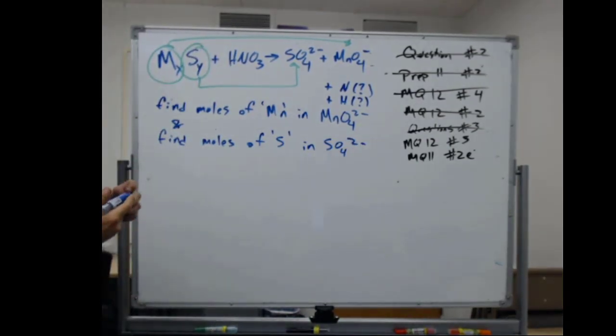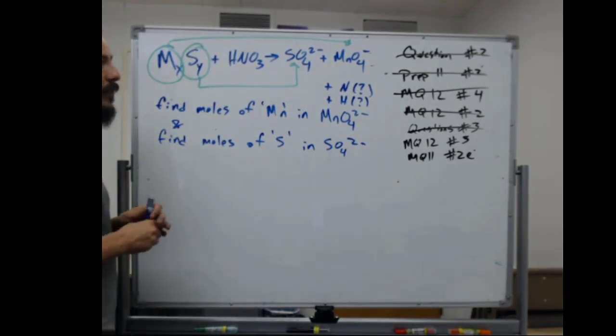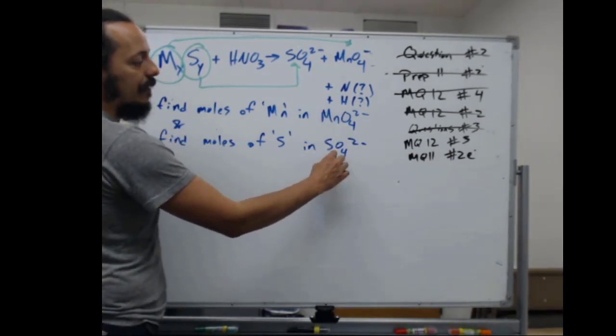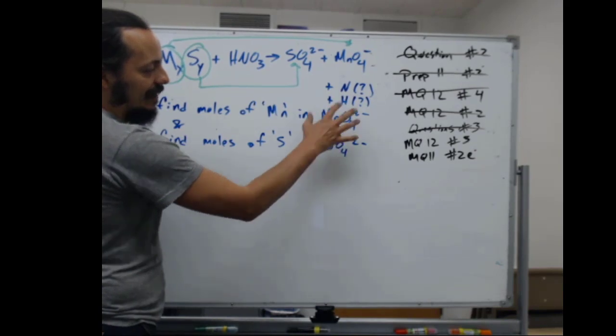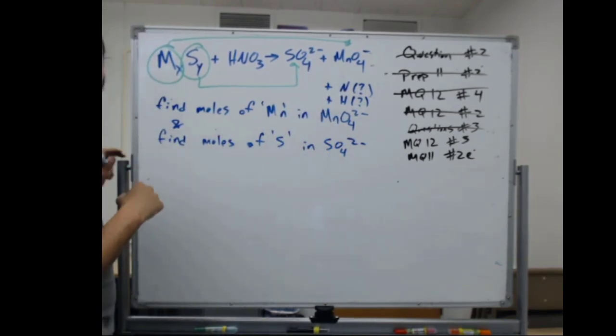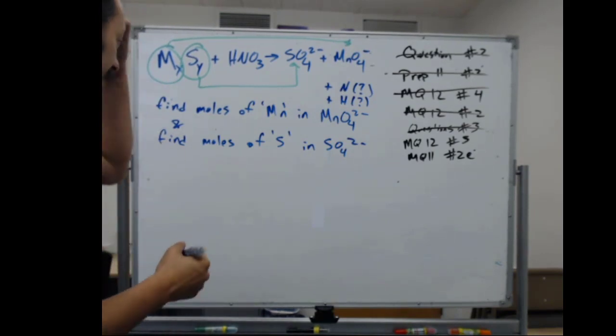This is really looking like a combustion where you make water and carbon dioxide, except instead of looking for hydrogens and carbons, we're looking for our manganese and our sulfurs. It's really going to be very similar.